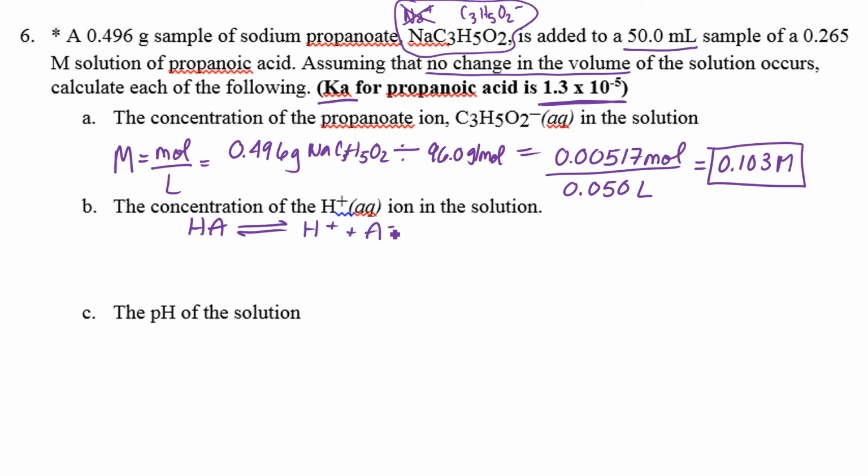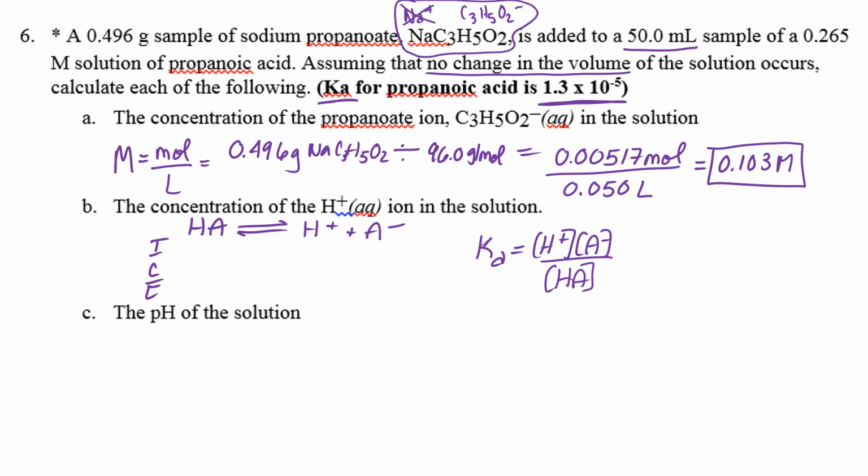So I'm just going to write it HA, and I'm going to set up an ice chart. So anytime you have a K value given, that's a hint that it's equilibrium, and so you should write out the equilibrium reaction, write out the K expression, and then look back over the problem and see what you can fill into your ice chart.